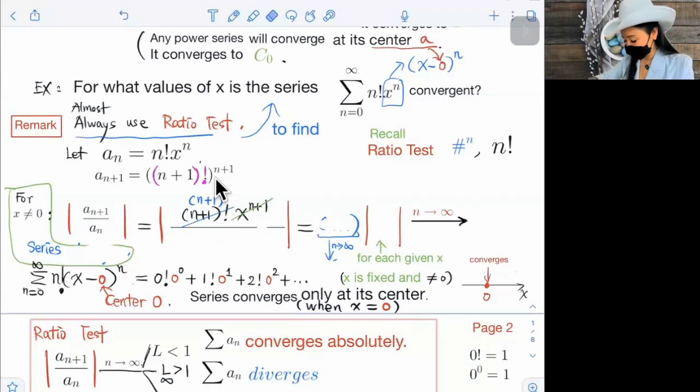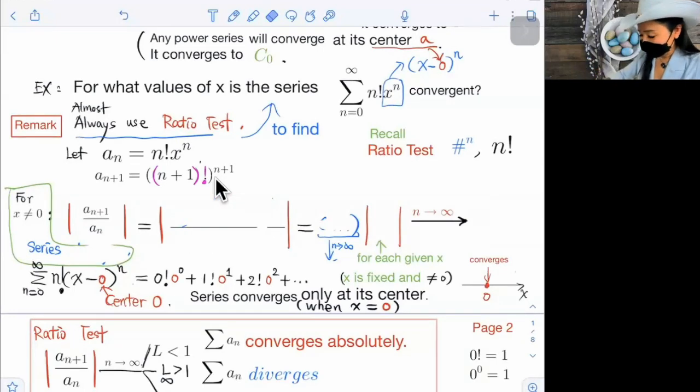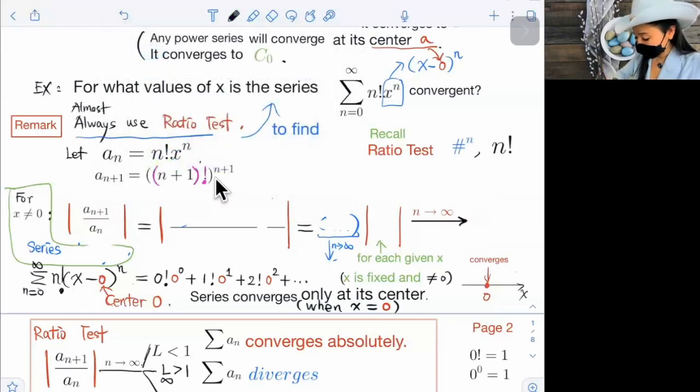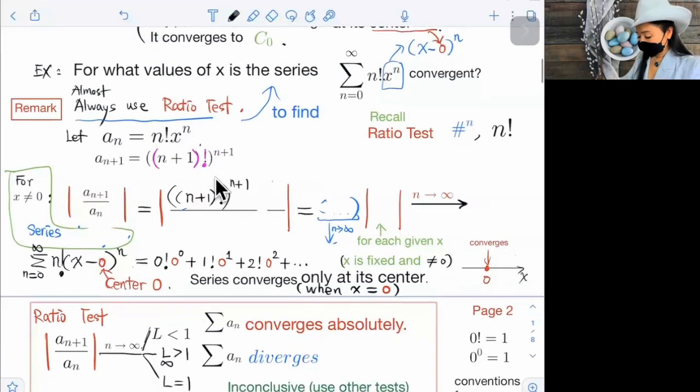Okay, let's do it together. I'm going to just write it. So I'm going to have n plus 1 factorial, and then to the n plus 1 power. Oh, I forgot this.